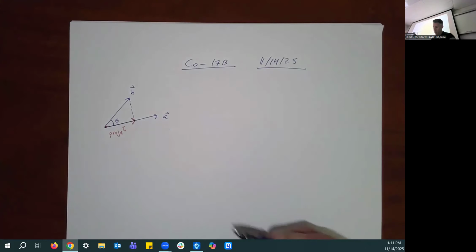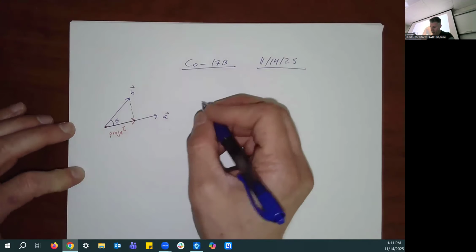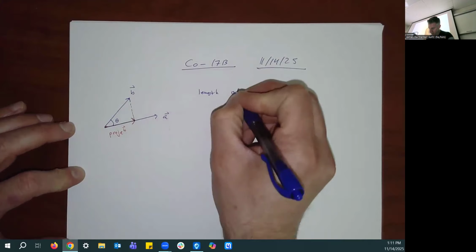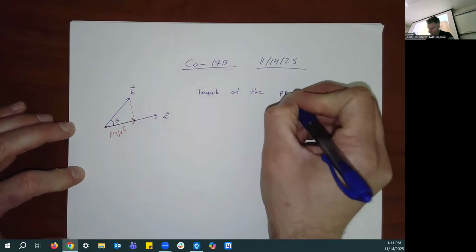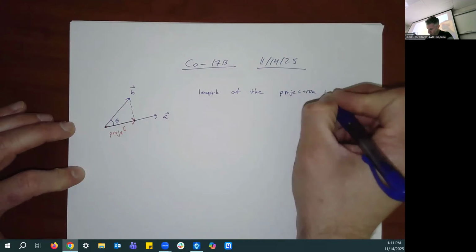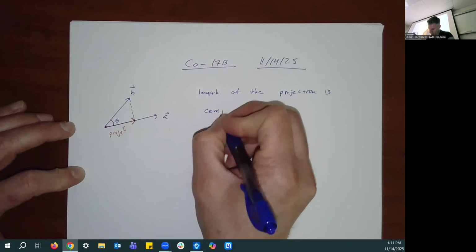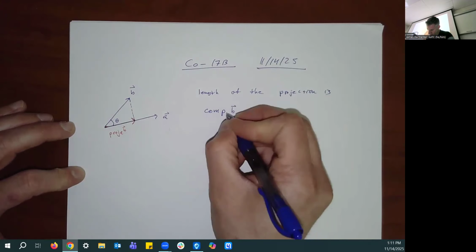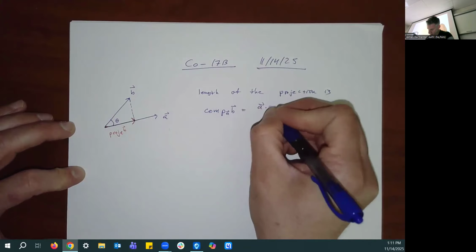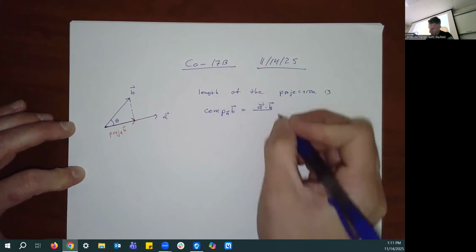So last time we found two things. First of all, the length of the projection, which we call the component of B onto A, and that was equal to A dotted with B divided by the magnitude of A.